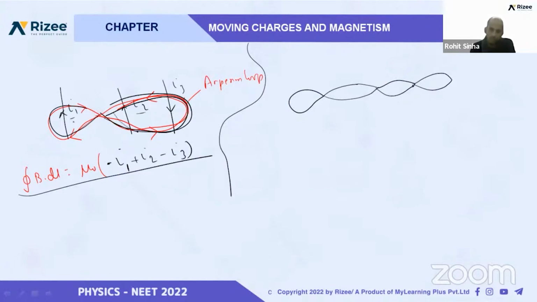Then you will see your thumb is pointing upward, so upward current will be taken as positive. So I2 will be positive, and I3 is inward, so we will take it as negative.